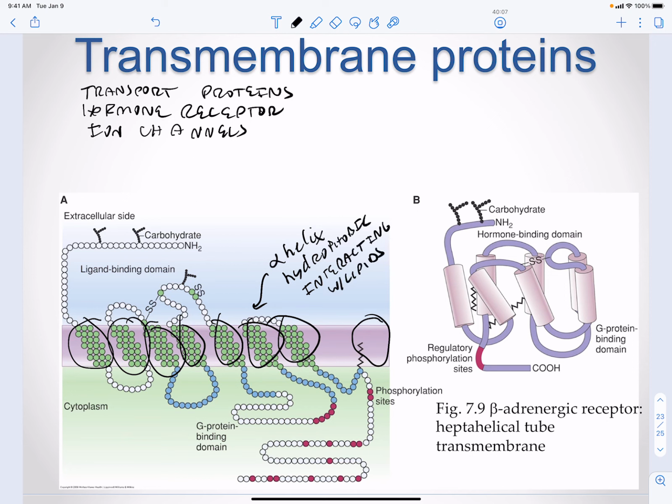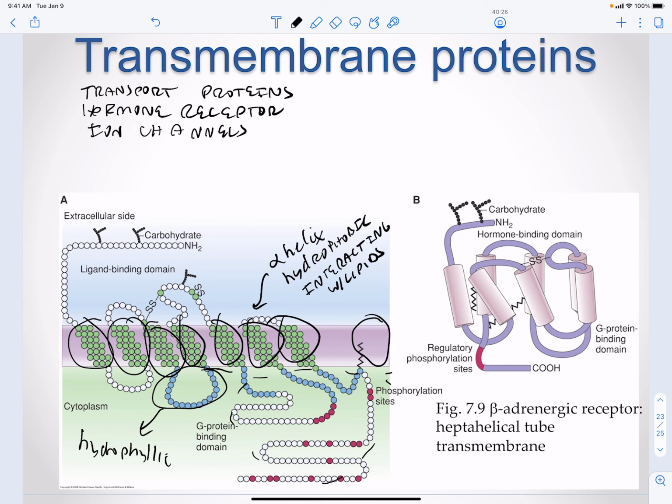And then your hydrophilic sequences are going to be often in the aqueous environments. So, of course, this is your aqueous environment, so these will be hydrophilic. All of these will be hydrophilic, etc.